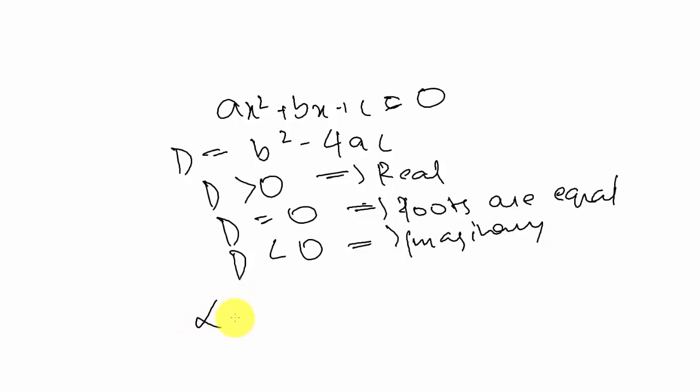Next, your roots are minus b plus or minus root d divided by 2a. These are your roots. Alpha is minus b plus root d by 2a, and beta is minus b minus root d divided by 2a.